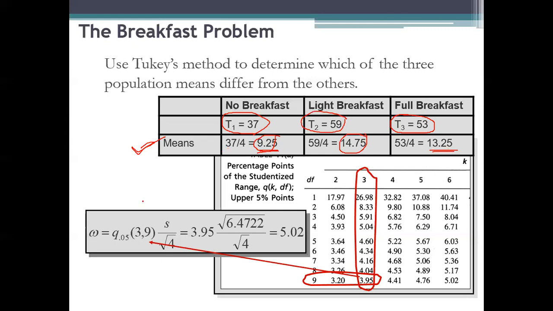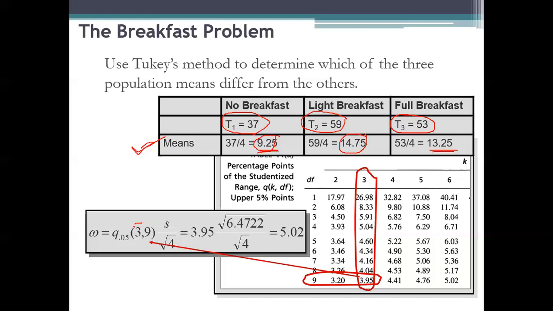Now we can convert the values into the Tukey formula. Q 0.05, because alpha is given as 0.05, with 3 and 9. How do we get 3 and 9?